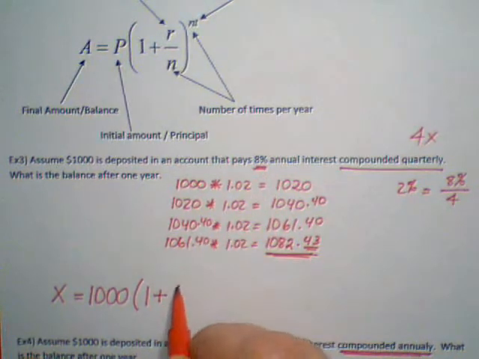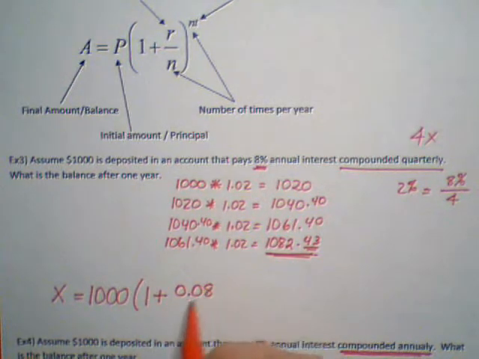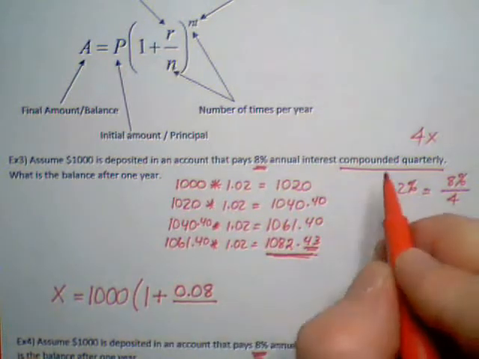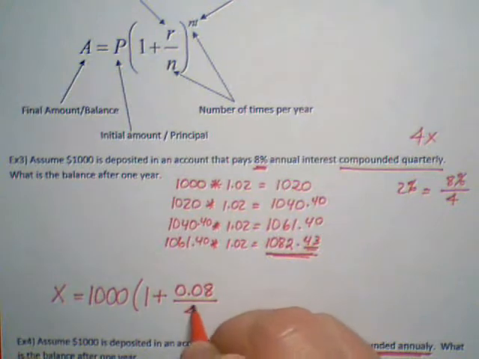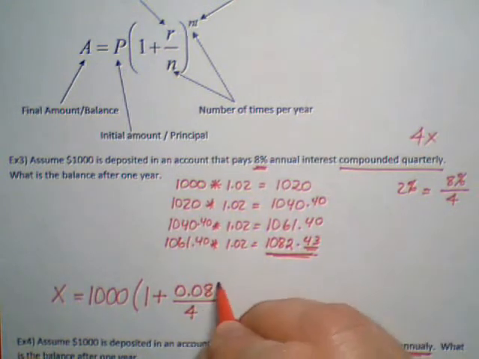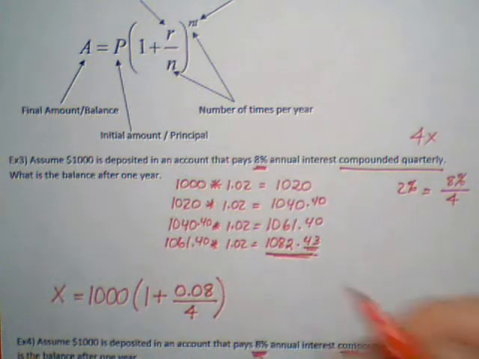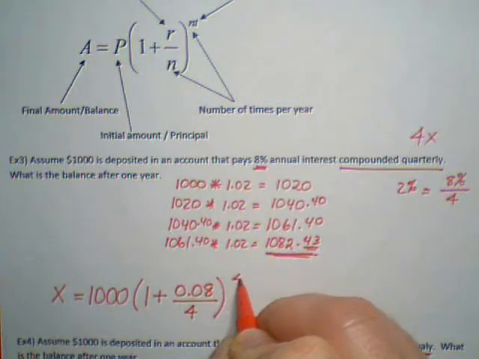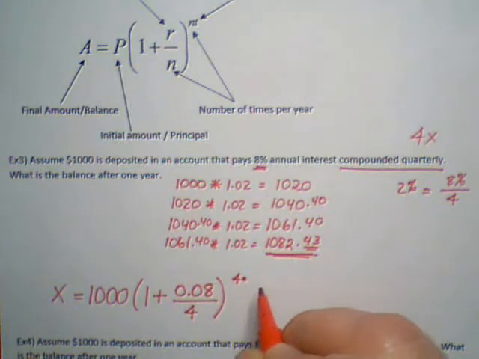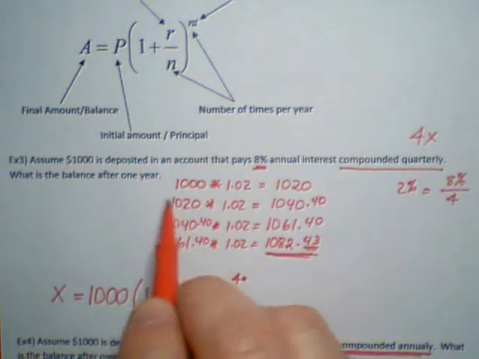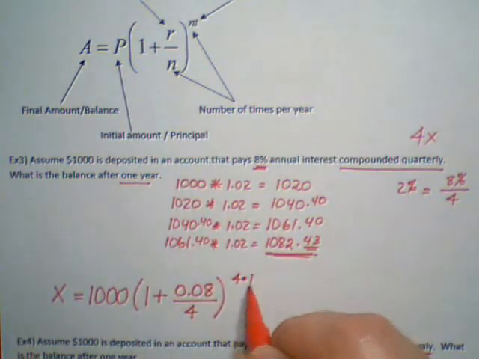So we convert to a decimal, so it's 0.08. The bank is paying quarterly, so that means 4 times. So we're going to make 4 payments. Close parentheses, raised to 4, which is the number of payments, times the number of years. In this case it is 1 year, so it'd be 1.